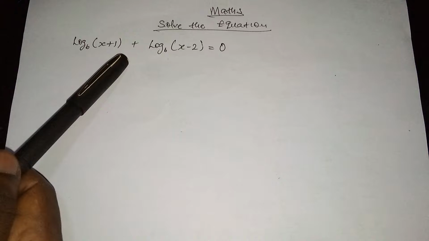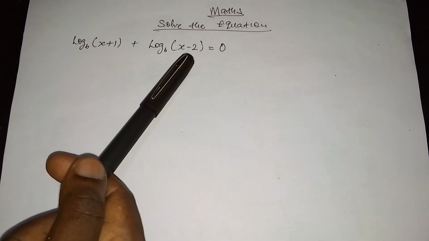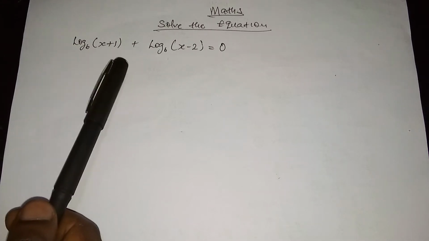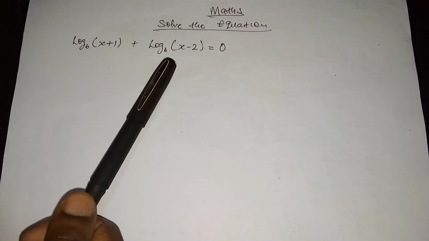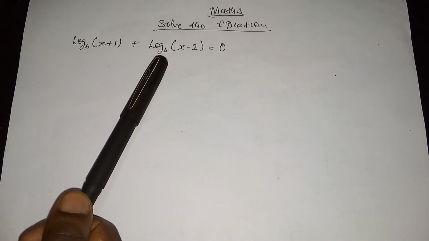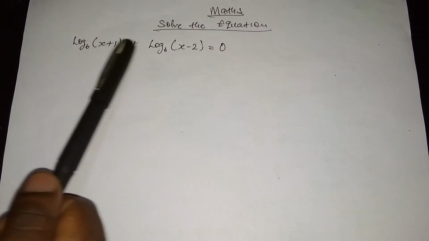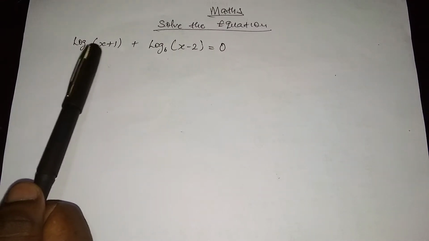Now when we are adding logs of the same base, we are going to multiply. Anytime we are adding logs of the same base, we are going to multiply whatsoever you have as the log.